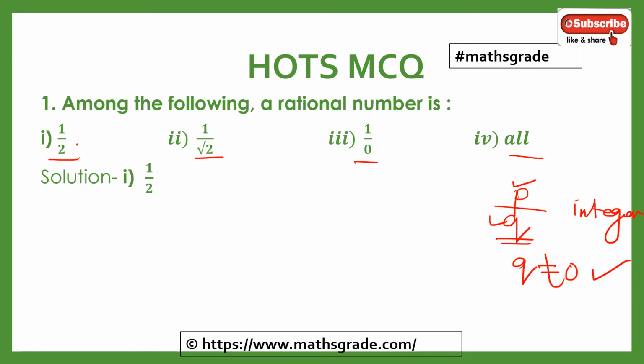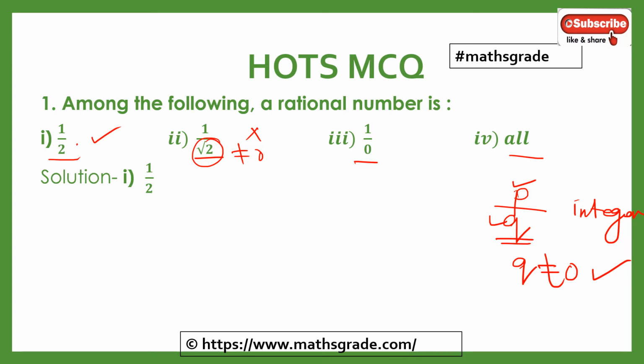In the second option, 1 divided by root 2, the denominator root 2 is an irrational number. So this is not a rational number. And the third option is 1 divided by 0.